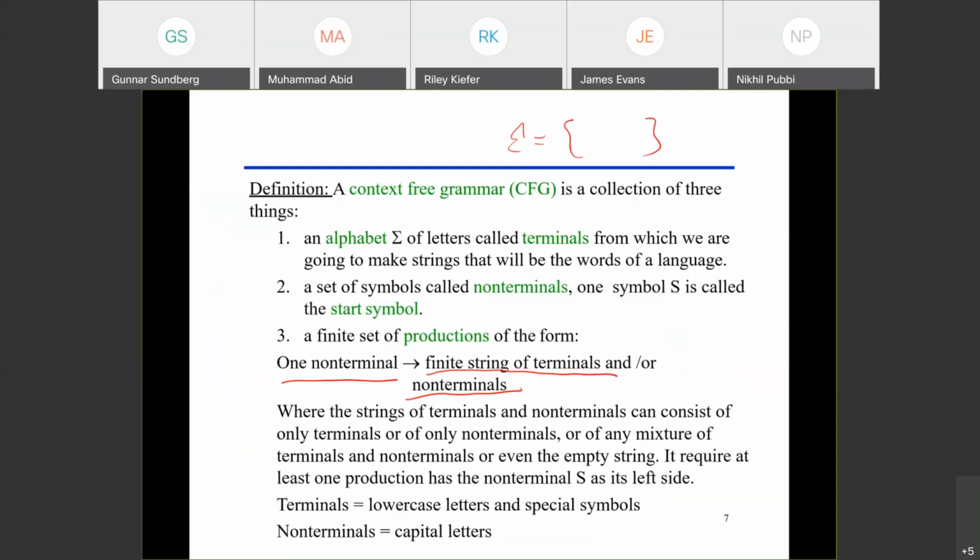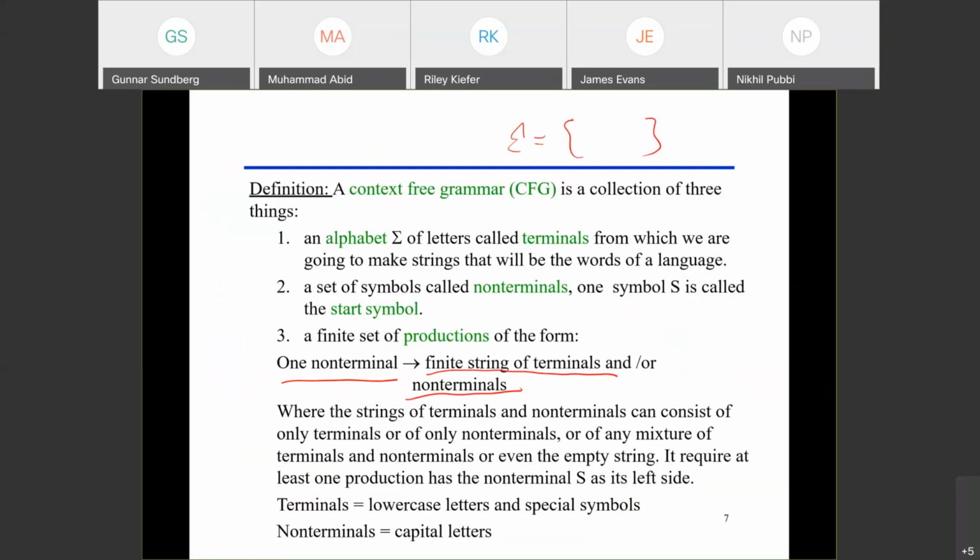Now, another identity: how do you figure out in this grammar which one is a terminal and which one is a non-terminal? Your terminals will always be in small case, lowercase. You will never see a terminal in capital case.